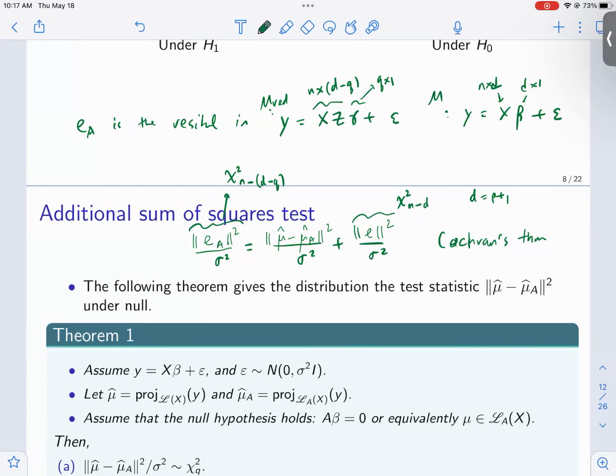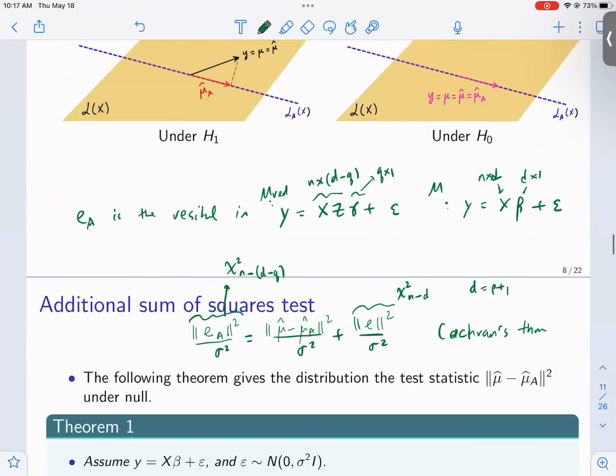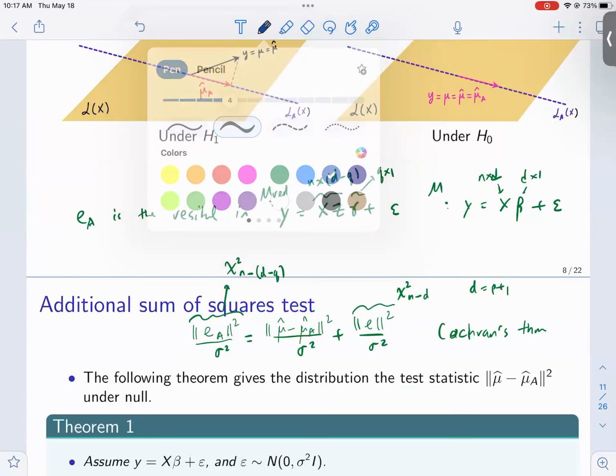I know this. I haven't proven it, but we'll prove that in a usual regression, the residual sum of squares divided by sigma squared will have a chi-square distribution. So I know these 2 from that fact, and I have this identity. Then Cochran's theorem tells me the remaining part has to have a chi-square distribution. You can imagine what the degrees of freedom would be.